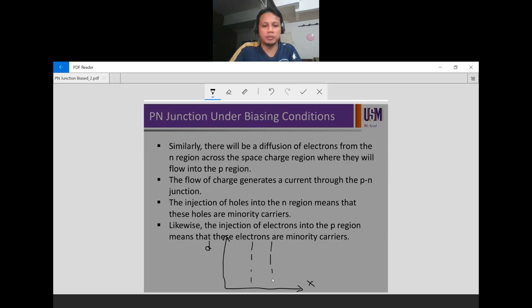This one is the depletion region, W. Still remember this curve? And also this one.